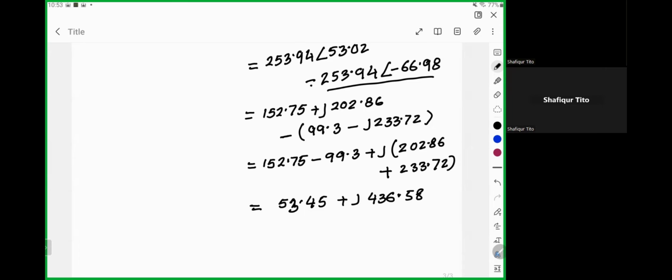Yeah. So then you can convert this one to polar form.